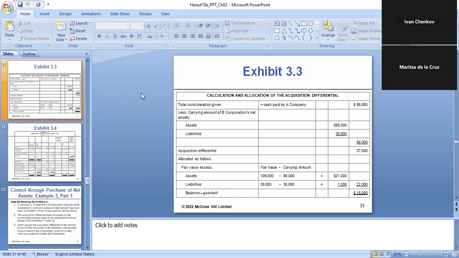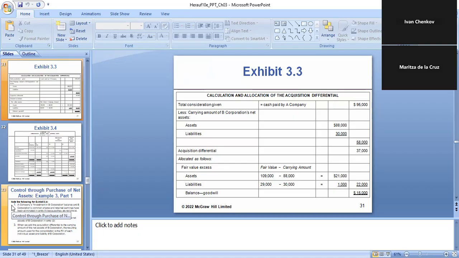And the excess amount over the consideration that we pay versus the book value represents our acquisition differential. Now, that acquisition differential has to be allocated.